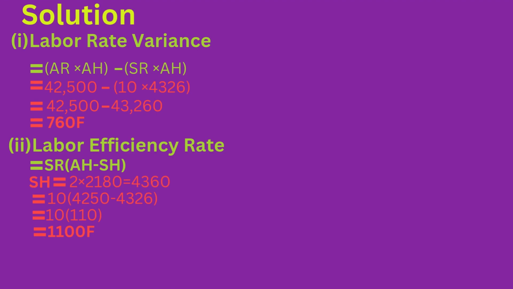Let's start by calculating labor rate variance. So labor rate variance is given by actual rate multiplied by actual hours minus standard rate multiplied by actual hours. We have actual rate and actual hours.